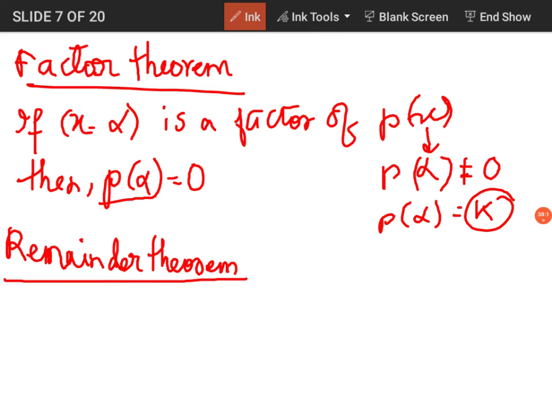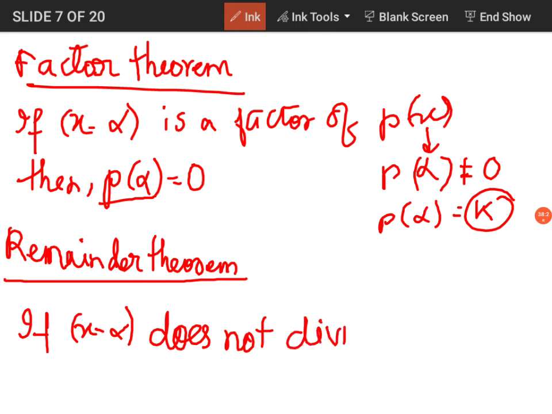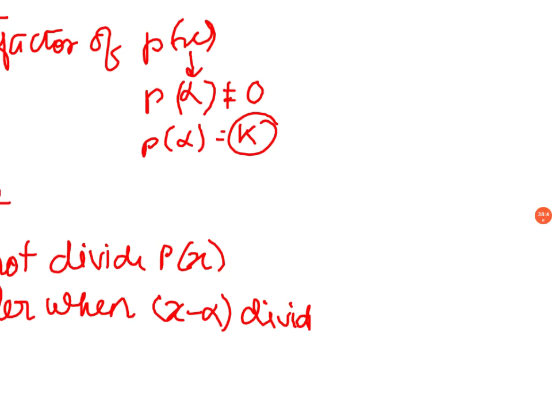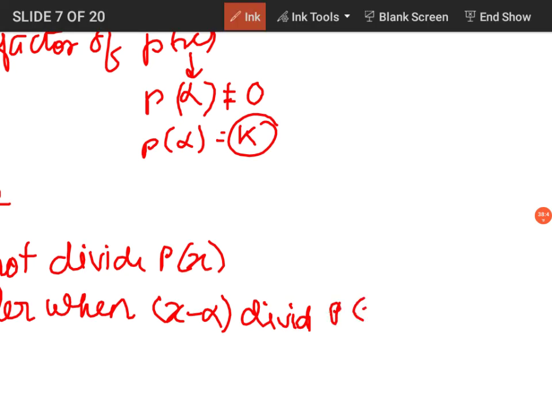What I've said is, if x minus alpha does not divide p of x, then the remainder when x minus alpha divides p of x is p of alpha.